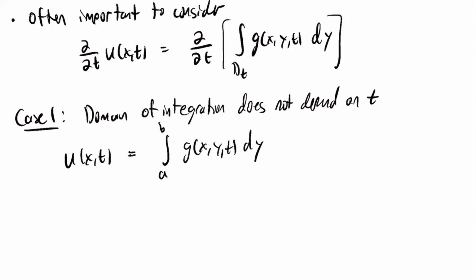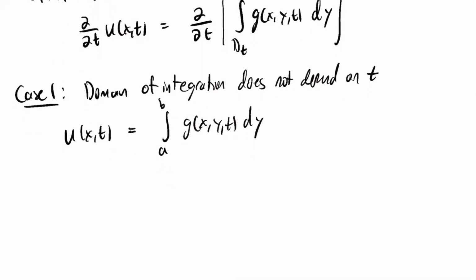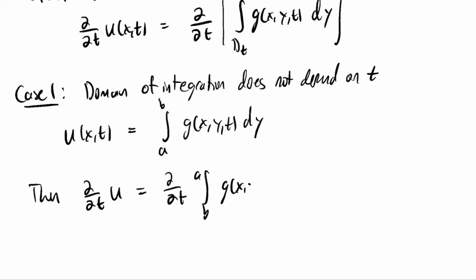And so in this case, it's not too hard to calculate these derivatives. So then the derivative with respect to t of u is exactly what you would expect it to be, right? So this is the derivative of this integral, which you can evaluate by taking the integral of the derivative, right?